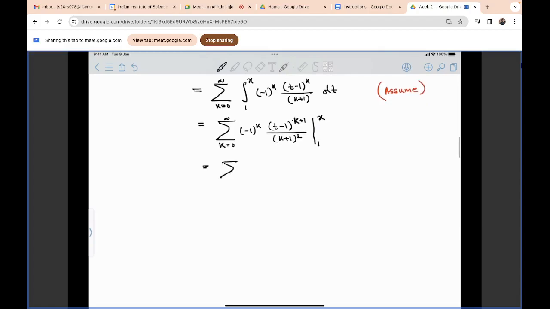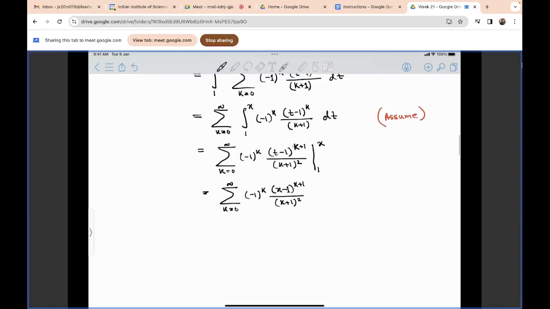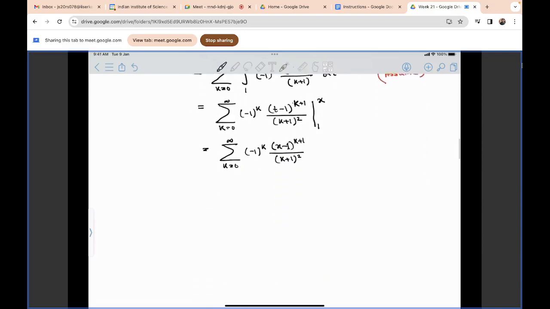At the point x you get minus 1 to the power k, (x minus 1) to the power (k plus 1) by (k plus 1) square, and at 1 it will be 0.